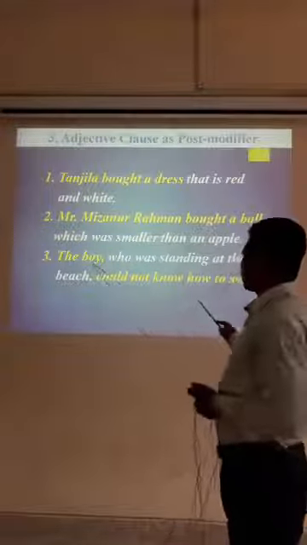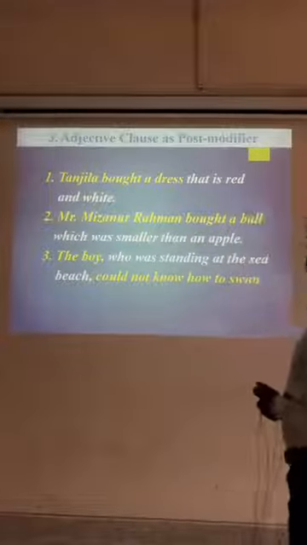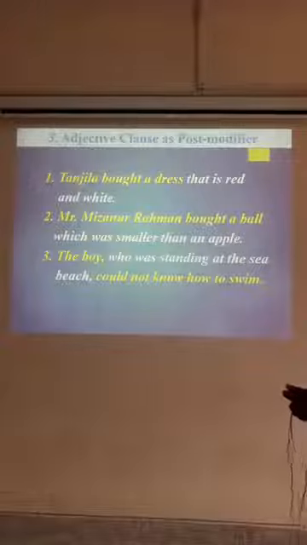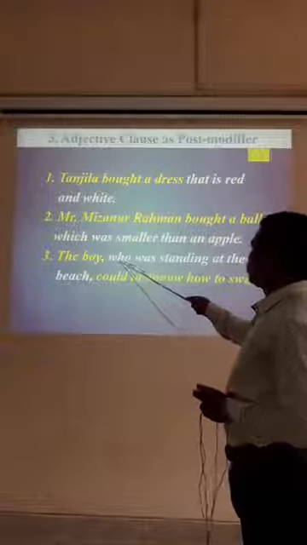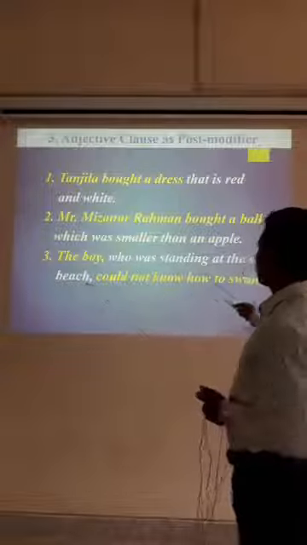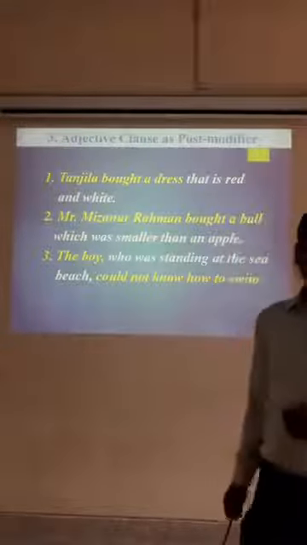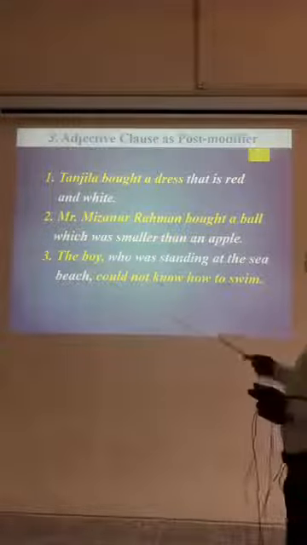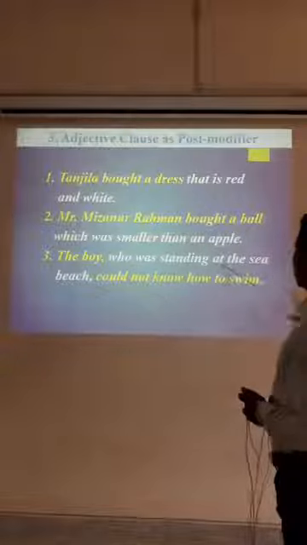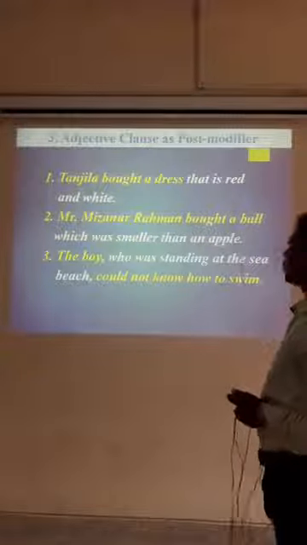The words from "who" to "beach" form a clause and say something about the boy, sitting after the word boy. So you can see this is a clause and it is used there as post modifier.